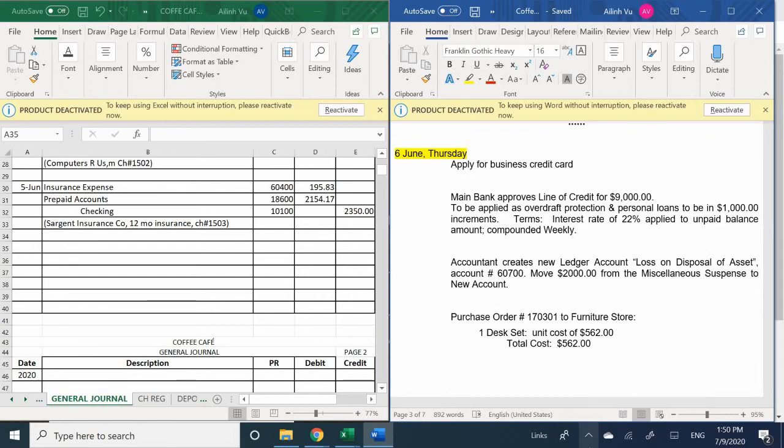As in, if we go over our bank account, the bank will pay for you in advance for the $9,000. You have only up to $9,000 to pay. And then because of that, they're going to charge you interest to try to pay it back.